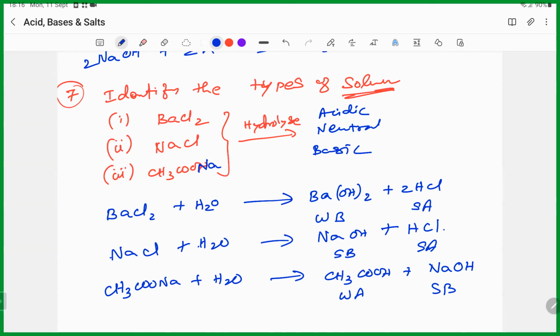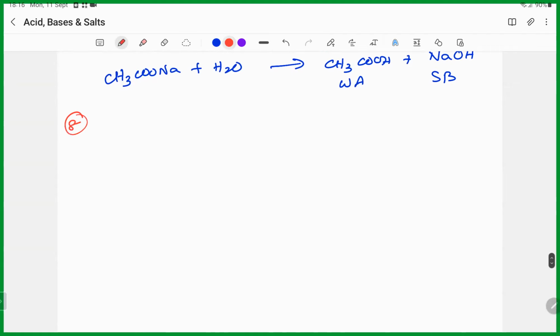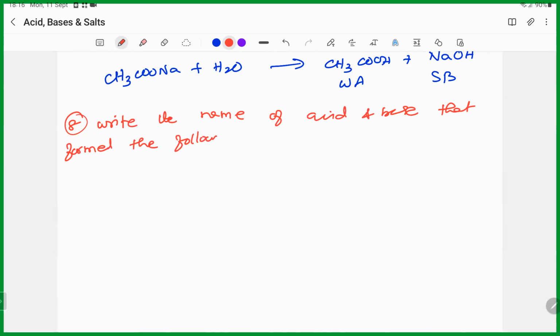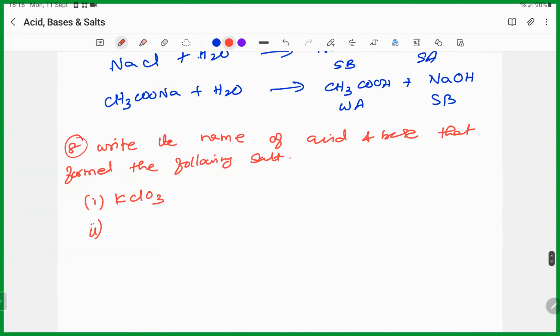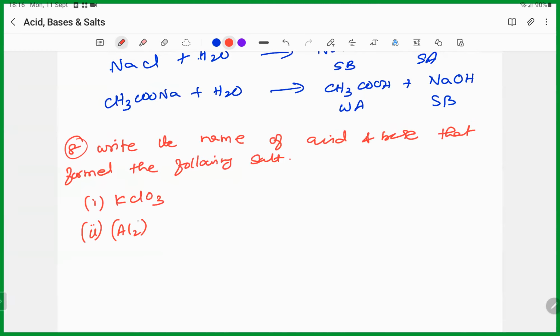Good. Now you tell me. Next question. Write the name of the acid and base that formed the following salts. Number 1, KClO3. Number 2, Al2(SO4)3.